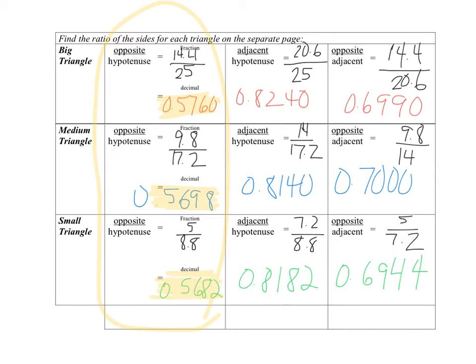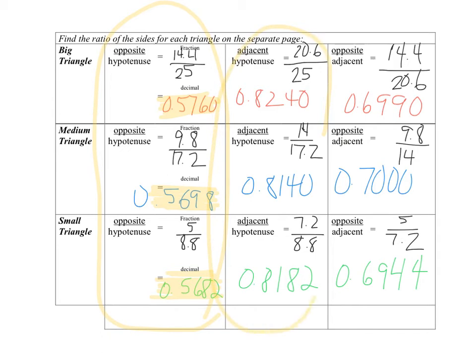If I did the nearest hundredth, I would get 0.58 for this first one, and 0.57 and 0.57. Still a tiny bit off, so definitely human error in my measuring, but you can see they are very similar.